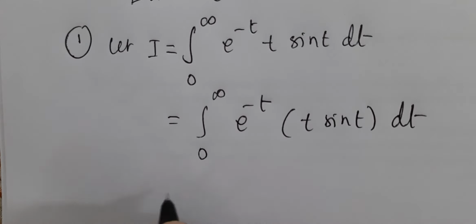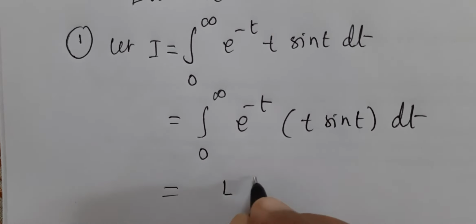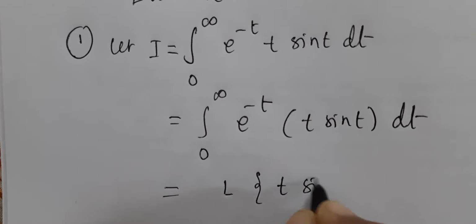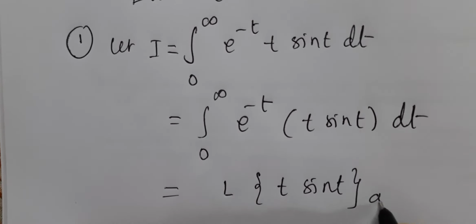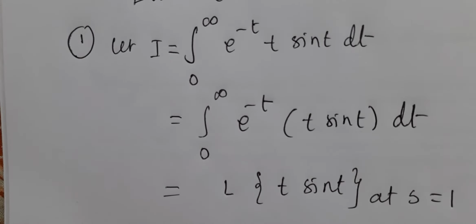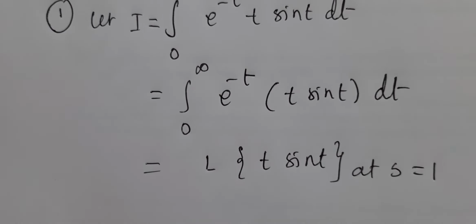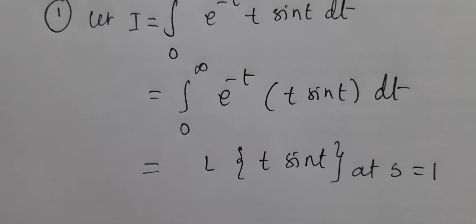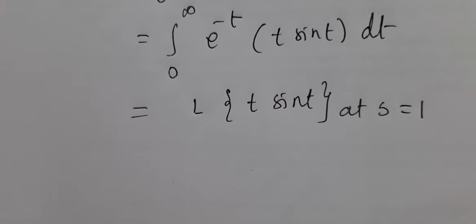Then you can understand this is nothing but Laplace of t sin t at s equal to 1. This is the most important step. Rest everything you have already done, so I'll take more time for this step. If you understood, well and good. Otherwise I will explain this step.